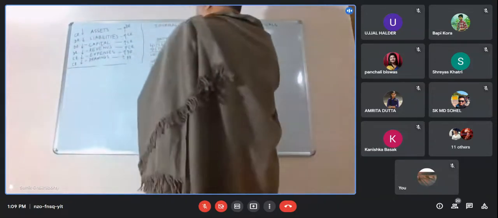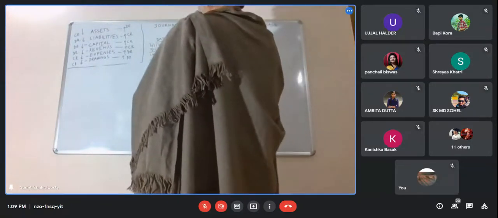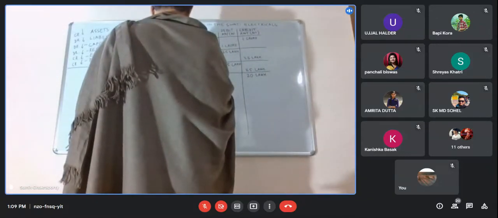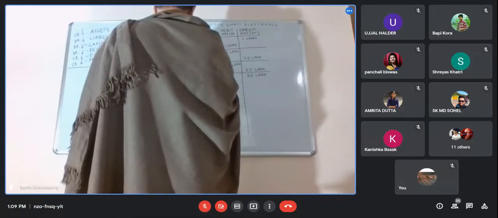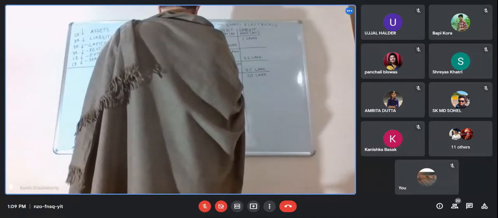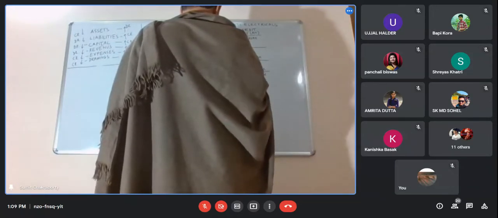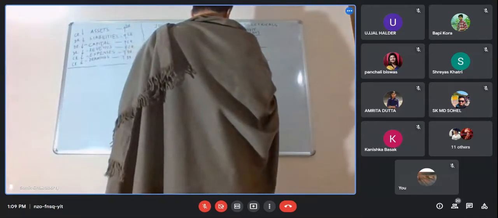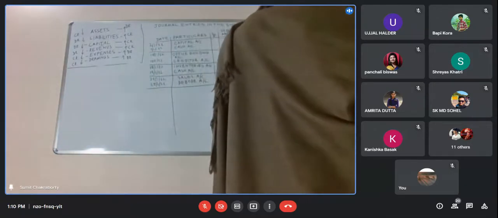Because sales is revenue, it's credit, there must be a debit, which is an asset. Okay? So debtor account, 20 lakh. Okay.